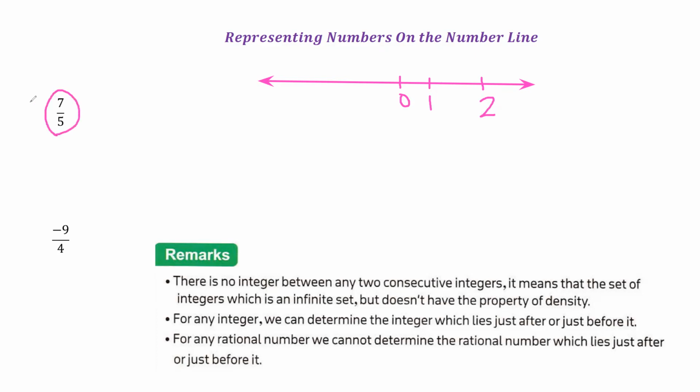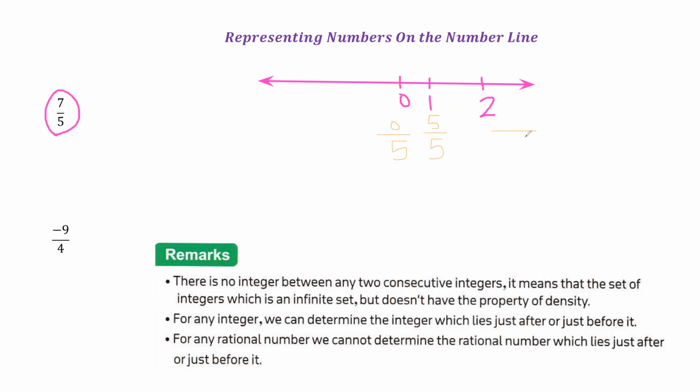After that, you need to convert them into fractions with the same denominator. Here the denominator is 5, so make the 0, it will be 0 over 5. What about the 1? It will be 5 over 5, 1 times 5 equals 5. What about the 2?